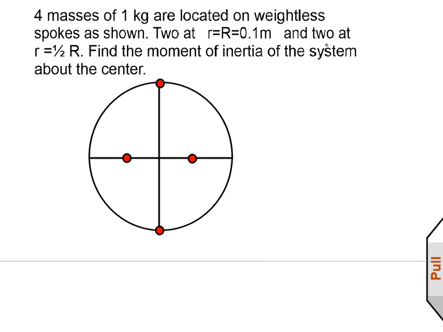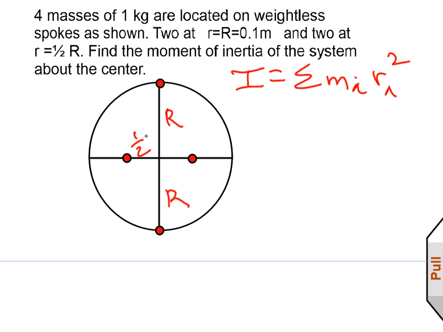We can calculate the rotational inertia of a system of masses by using the formula for rotational inertia, which is that I is equal to the sum of all the masses times the distance that they are from the axis of rotation squared. So here we have this mass is R, this mass is R, this mass is 1/2 R, and this mass is 1/2 R also. So the rotational inertia of this system is, well, each of these masses is M. They just are different positions.